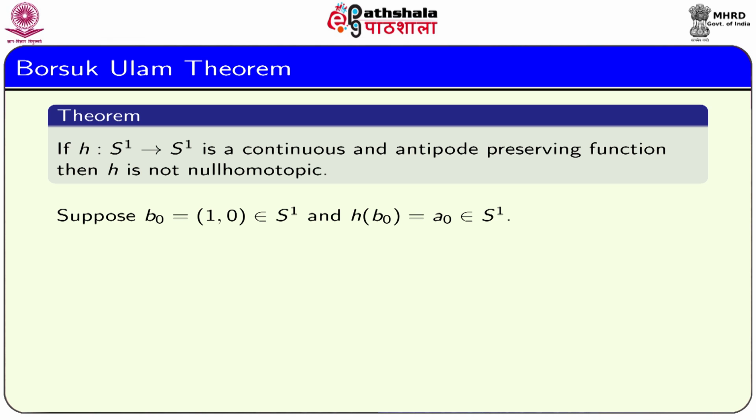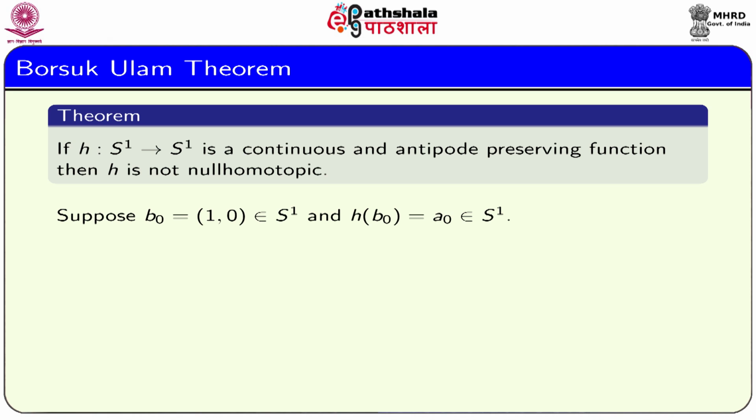We state a theorem now. If H is a function from S1 to itself such that it is continuous and antipode preserving, then H is not null homotopic. We start with proving it.